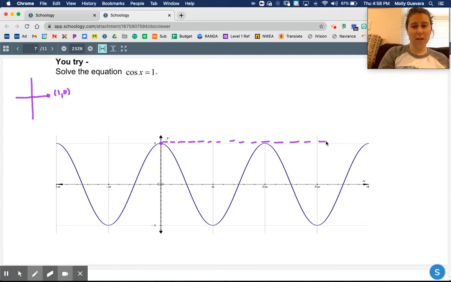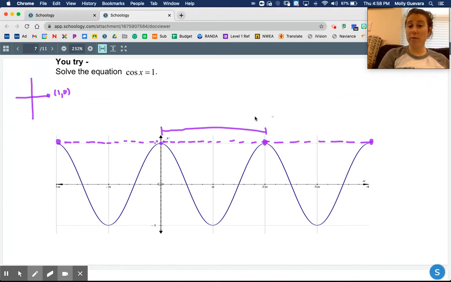Drawing a straight line apparently is really difficult for me today. Okay, so it's also 1 here, and it's also 1 here, and it's also 1 here, right? And what's that distance from one to the other? Well, in this case, it's 1 full period, which is 2 pi.